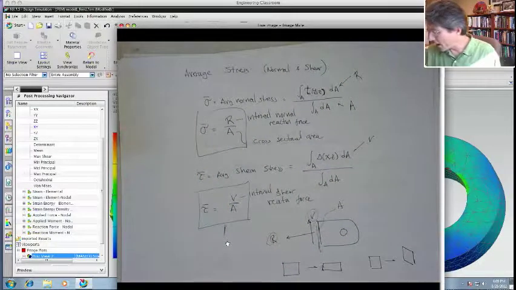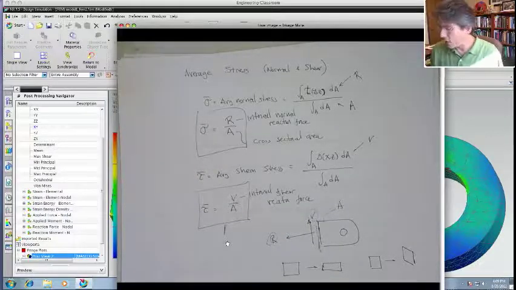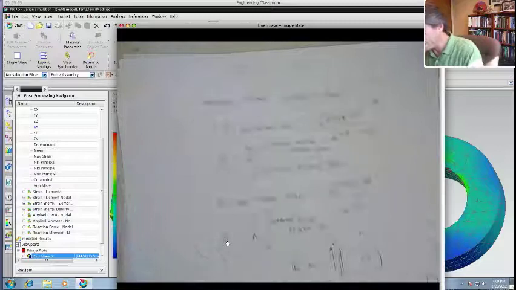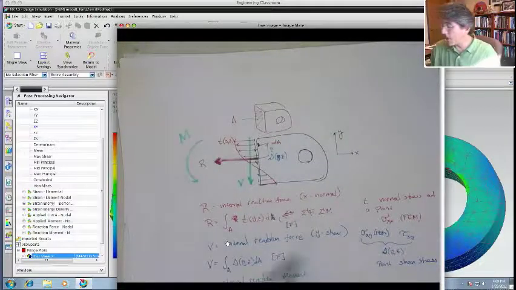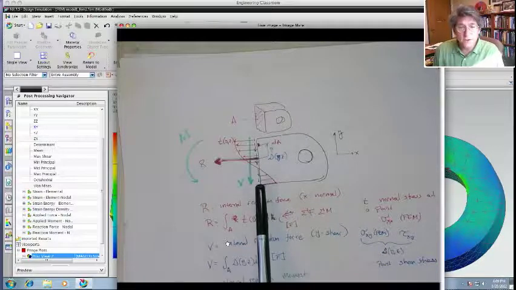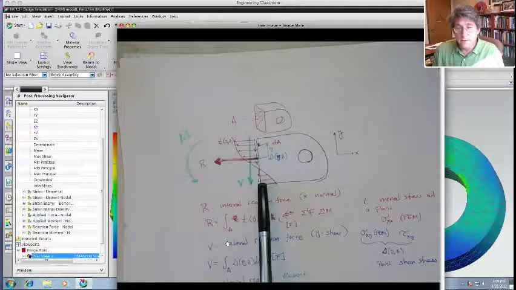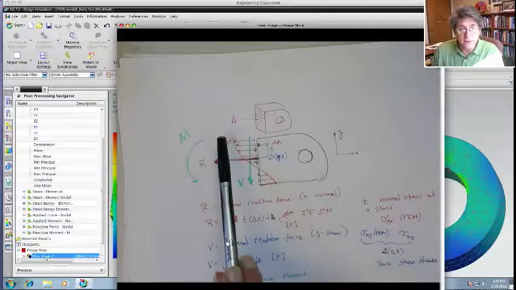Okay, I think that's probably about it, just one other thing, and then I'll stop. When we compare the values of the average ones versus the pointwise ones, what you'll find is the point stress values will actually, in regions, be greater than the average.